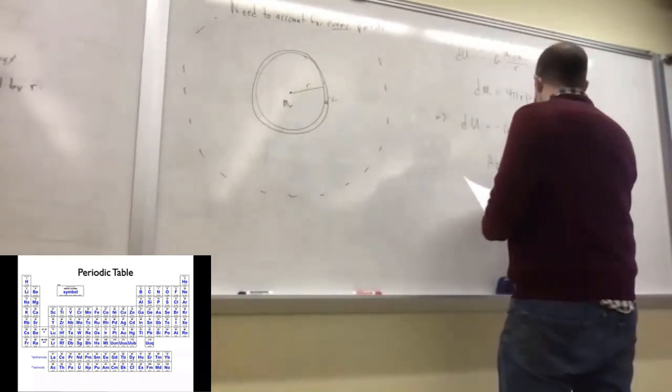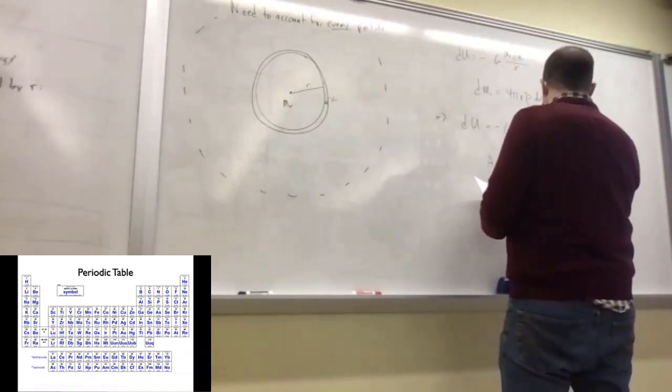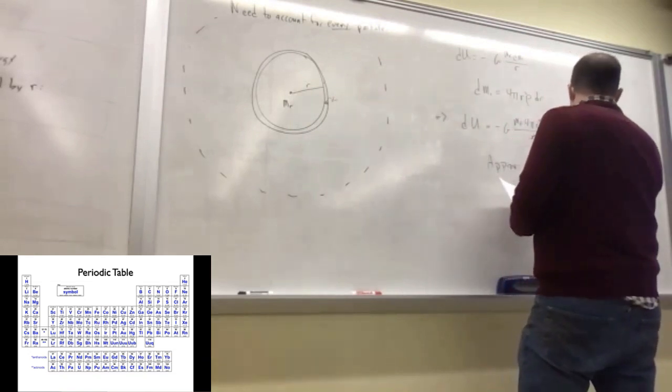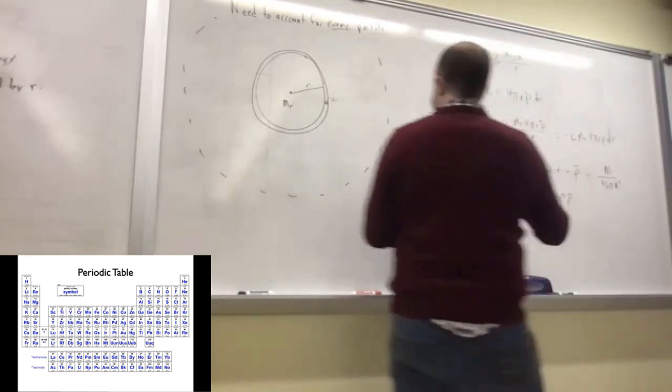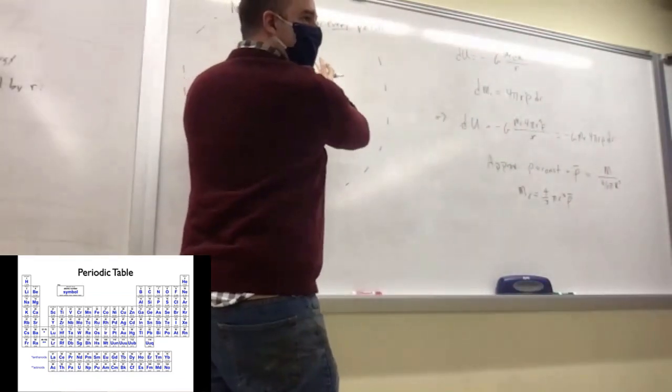We also know M of r is just 4/3 pi r cubed times rho bar, right? So wherever we are, M of r is just the volume contained inside that shell times the average density.